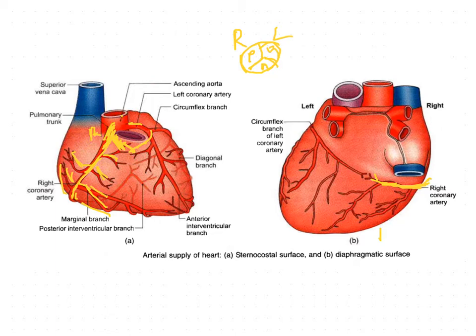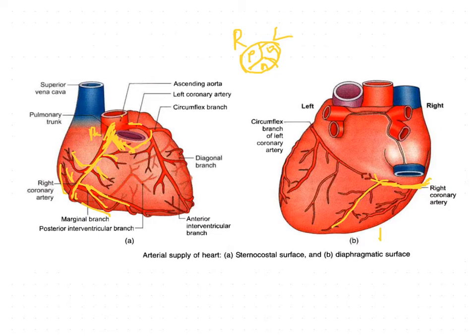After reaching the diaphragmatic surface, when it reaches the posterior interventricular groove, it gives a branch called the posterior interventricular branch. These posterior interventricular and marginal branches are the large branches, and the remaining branches are small branches.